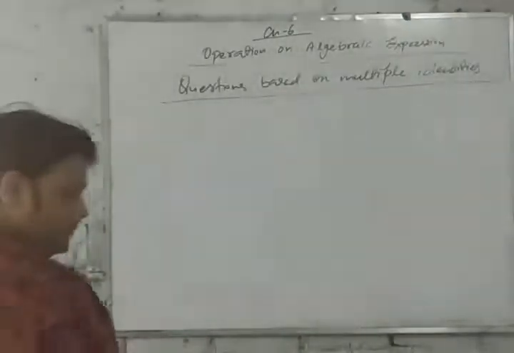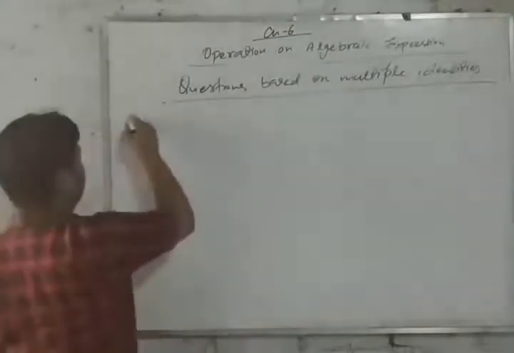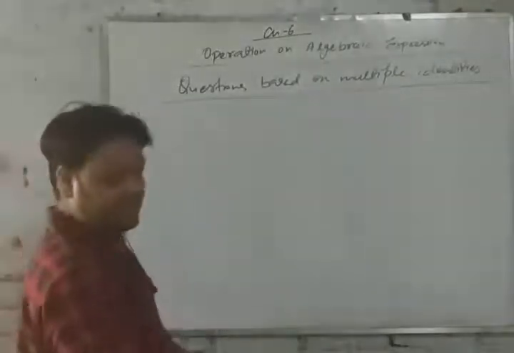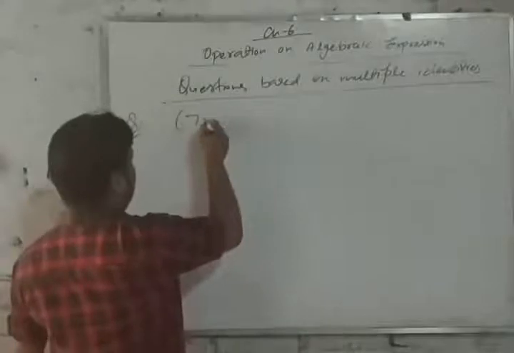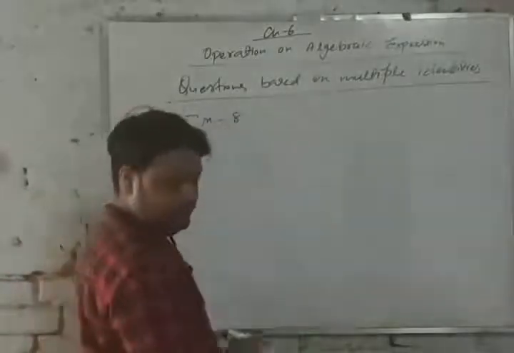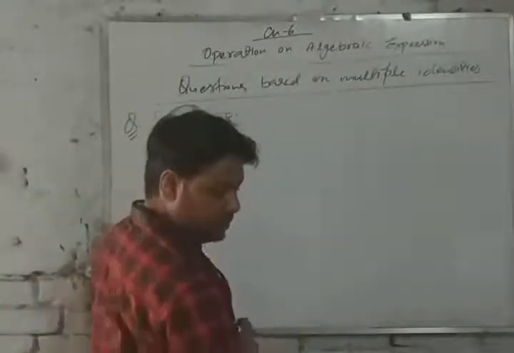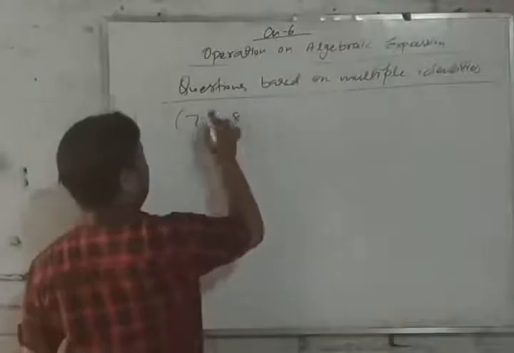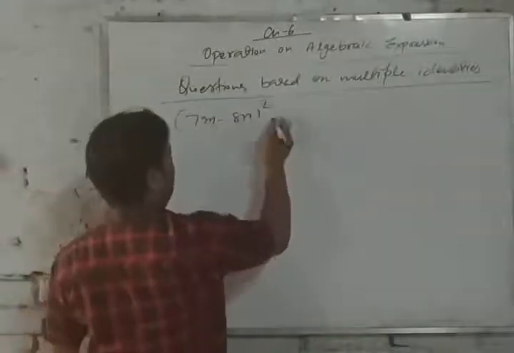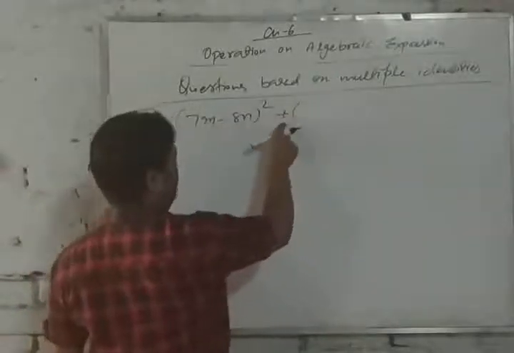Now, let's see another question. If the question is (7m − 8n) to the power 2, and here in between plus sign, not minus sign.